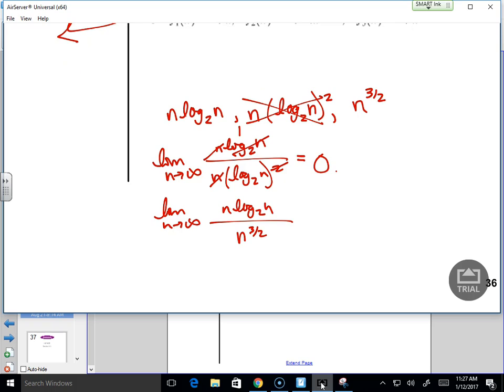This is a bit yucky. Some of you guys go to ln. Would it be easier if you do the 3 halves on the top? Because that way it won't be. Maybe. I think either way you do it, though, it's about the same.